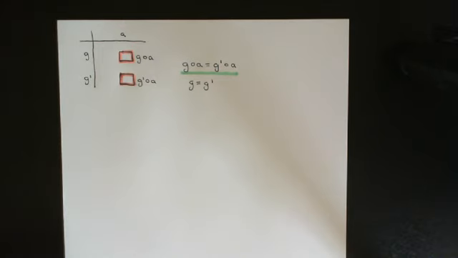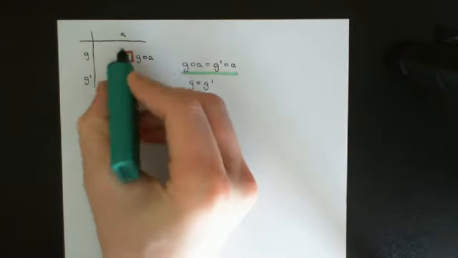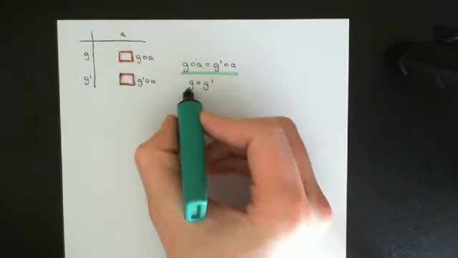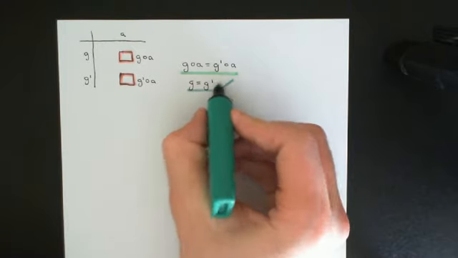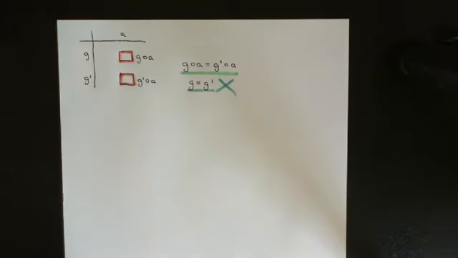It can't be true that you ever have two entries in a column that are the same element of the group. So that proves that you can never have one element of the group appearing more than once in a column corresponding to any element of the group little a.